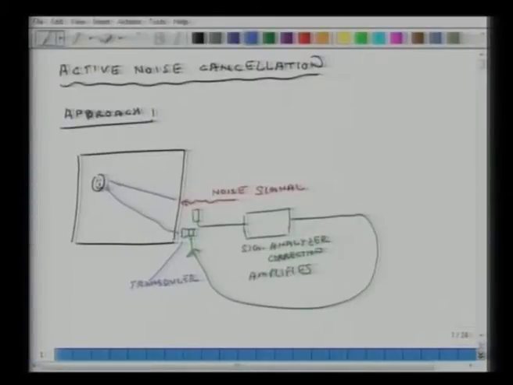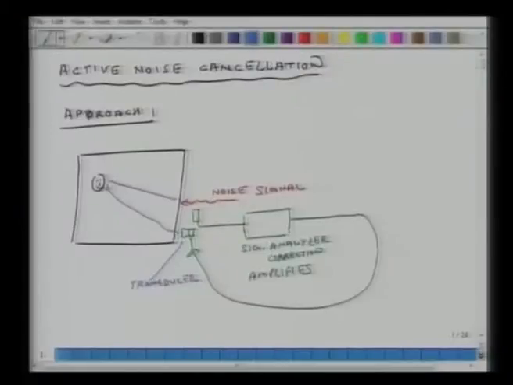By the time noise reaches this point and it is sensed by a microphone, the microphone has its own inertia, so it takes some time to sense that noise. Then that noise is sent to this black box, signal analyzer plus corrector plus amplifier, and the electronics takes some time to develop corrective signals, and that corrective signal then comes back and is fed to a transducer.